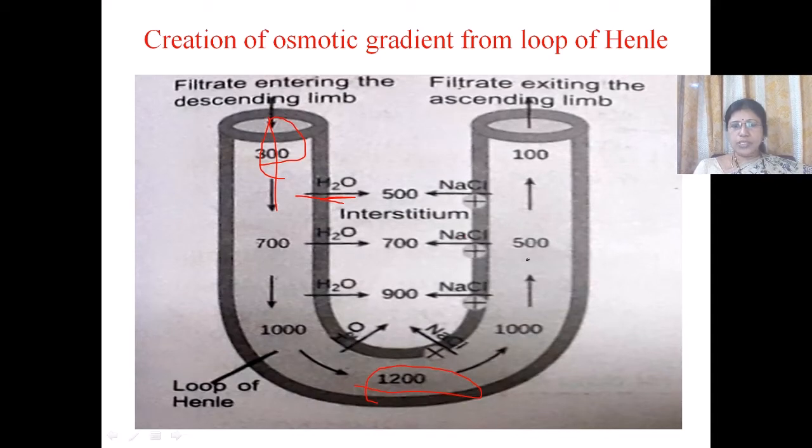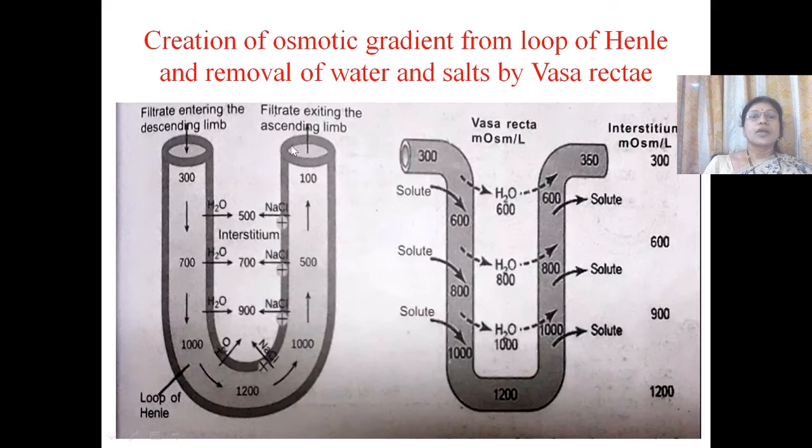So as water is not absorbed in the ascending limb, the volume remains the same but the concentration gradually decreases in the ascending limb. The concentration of salt increases in the medullary interstitium. Due to this, the fluid attracts the water from the descending limb of loop of Henle and collecting duct.